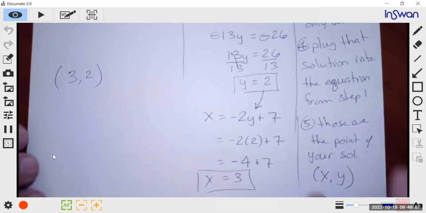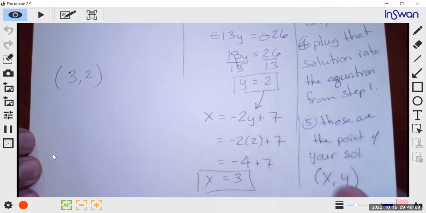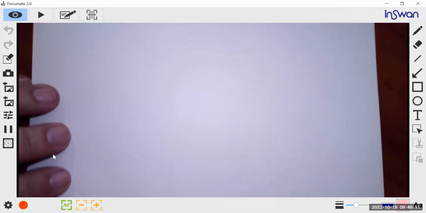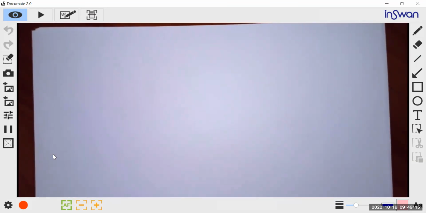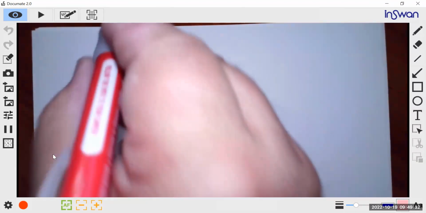All right, let's look at another one. Let's do another one using the substitution method. Obviously, I hope the substitution is a lot easier because now we have solid answers. Let's look at the first one we did. Remember we tried to graph it and it was just a weird graph? Let's solve this one.